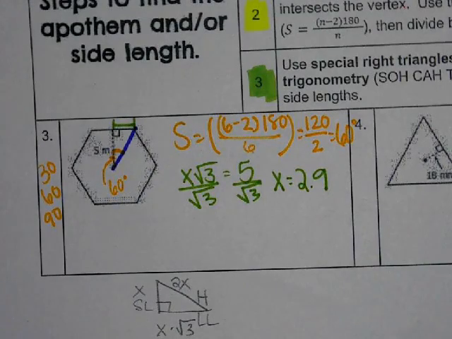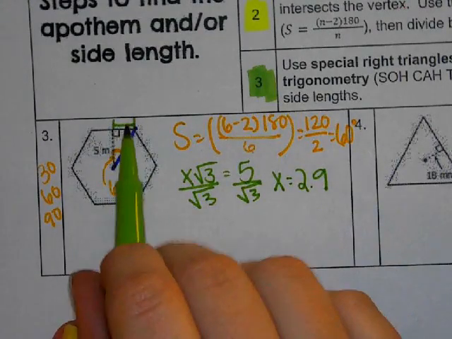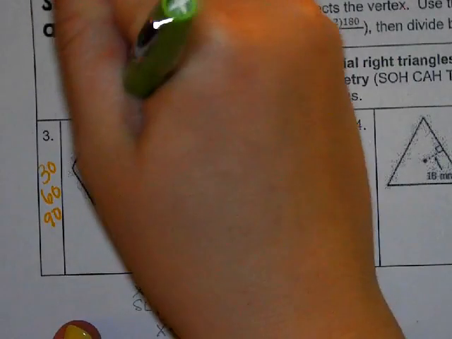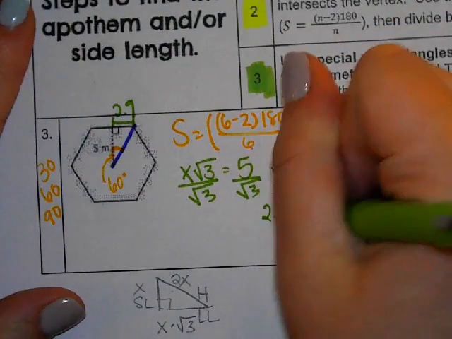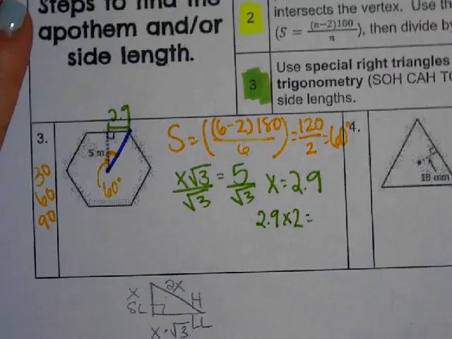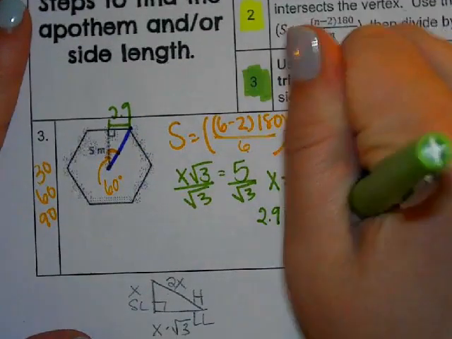That means this tiny little piece here is 2.9. Now that side length is only half of the side length. So in order for me to figure out what one whole side is equal to, I'm going to have to multiply that by 2. So 2.9 times 2 gives me 5.8. That means one side is 5.8.